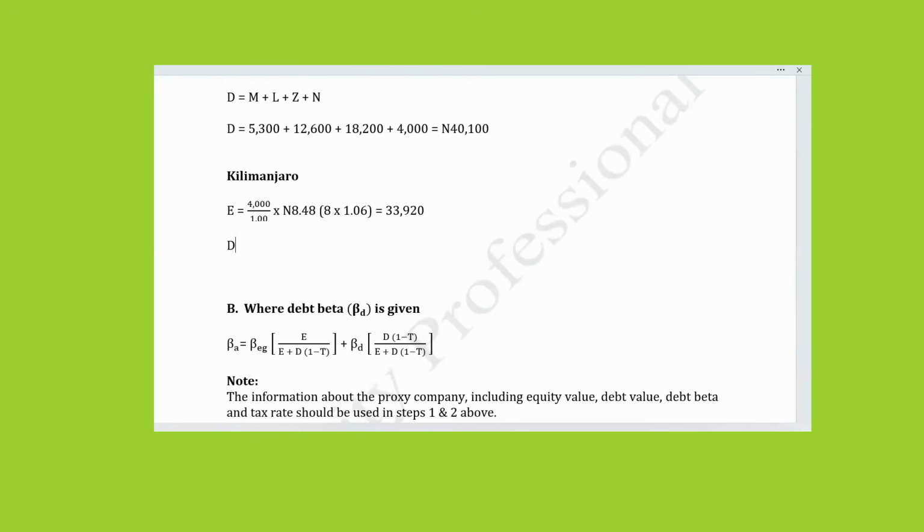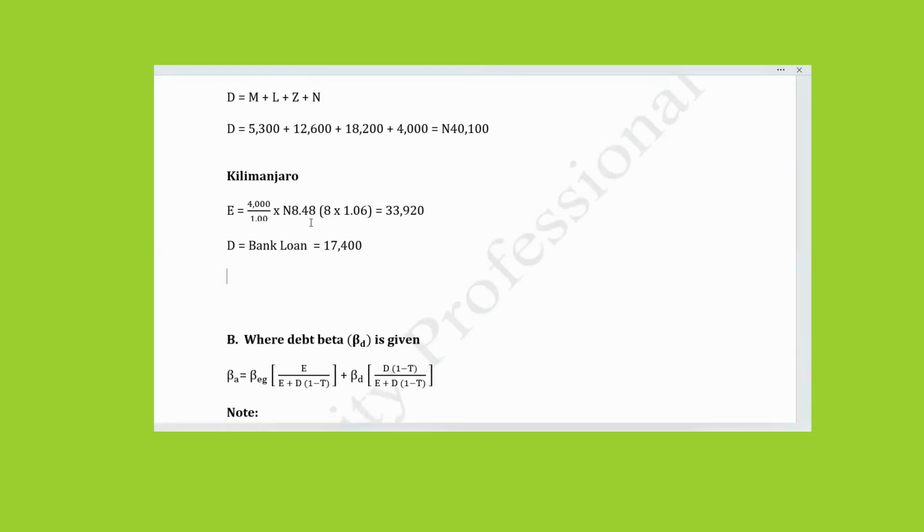The next one is the debt value. So, like I said, Kilimanjaro also has a bank loan. How much is the bank loan of Kilimanjaro? 17,400. It's not tradable. So that's that. Because I'm calculating WACC for Kilimanjaro, I would need the total value of equity plus value of debts.